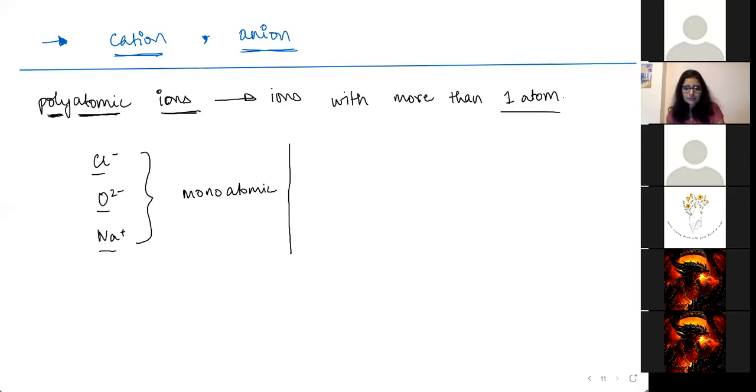Examples of this would be OH minus, because more than one atom makes up the ion, SO4 2 minus, it can be positive too, NH4 plus, NO3 minus, CO3 2 minus. So these are all examples of polyatomic ions.